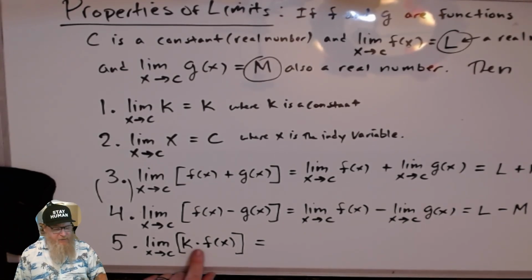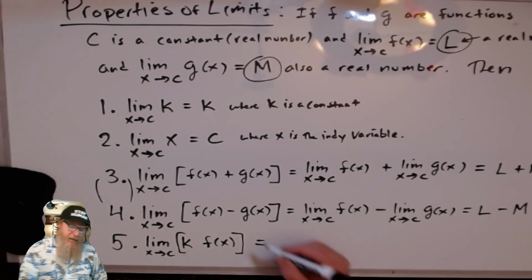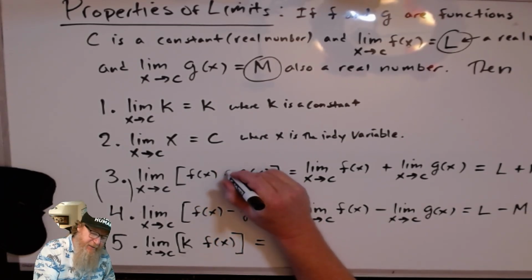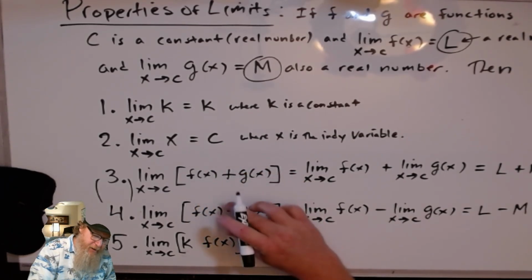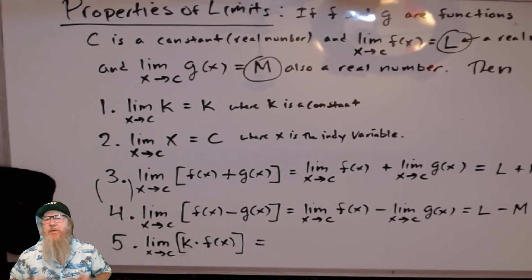So you have a constant multiplied by a function. Sometimes we omit the dot and we just write kf. I'm really emphasizing the math operations here, so I'm not leaving out any symbols. I'm going to go ahead and put the dot. As we move forward and I'm actually doing the math, sometimes I will omit that dot.